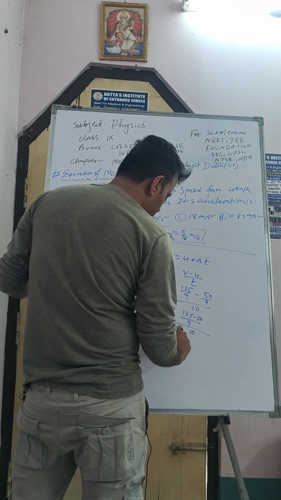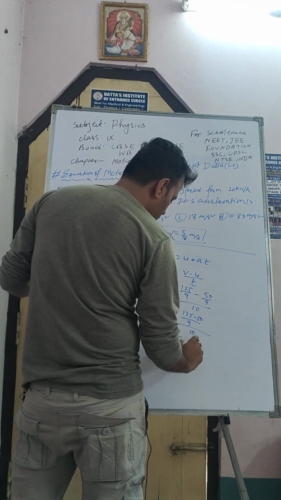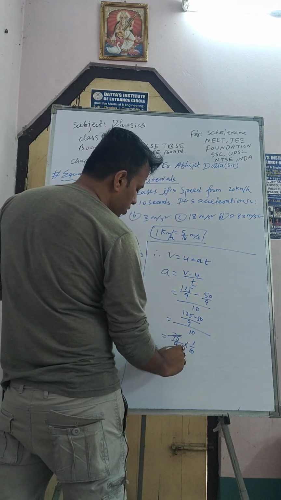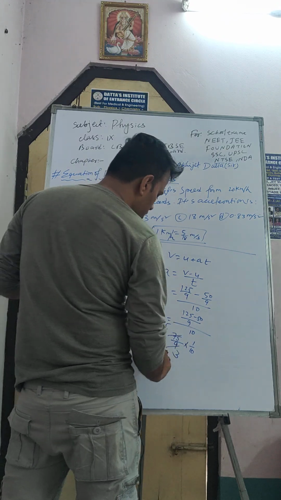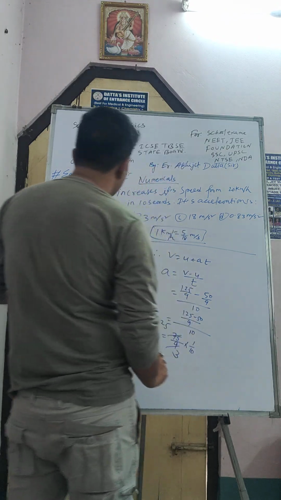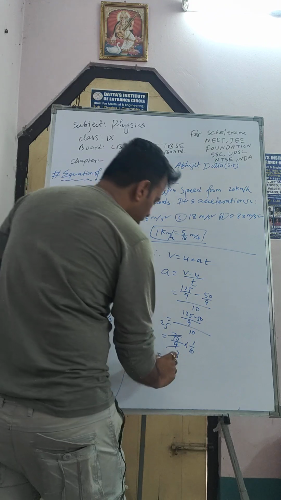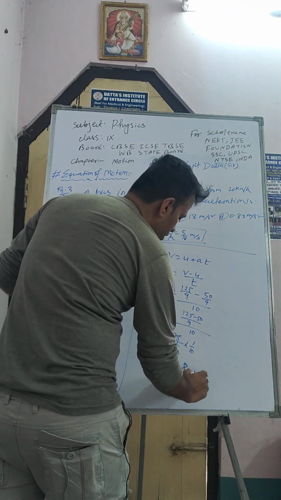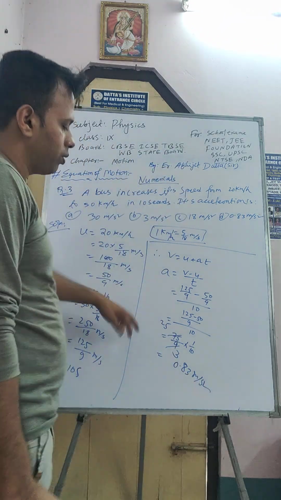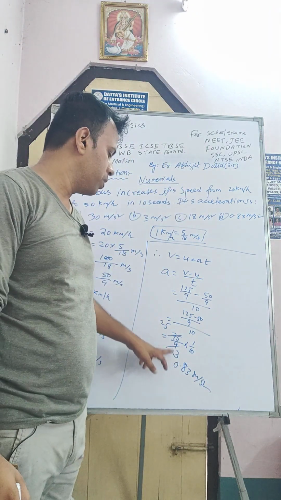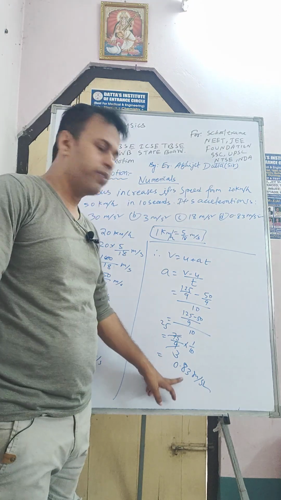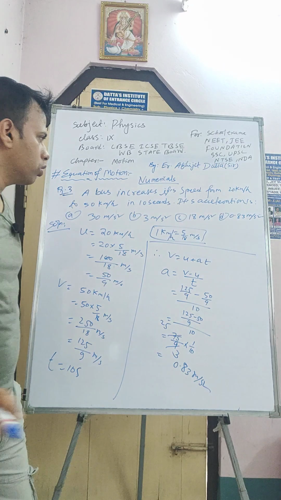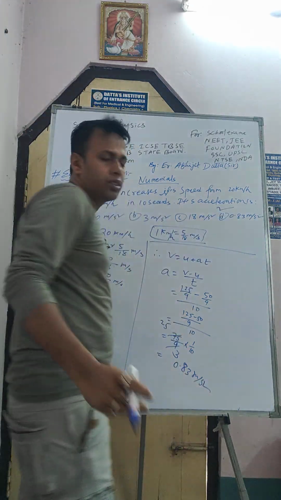So 125 minus 50 will be 75 by 9 into 1 by 10. If we cut by 3, it will be 25 by 3 into 10. So the answer will be 0.83 meter per second square. If you divide 25 by 3, it will come 8 point something, and again if you divide by 10, it will be 0.83 meter per second square. So which option is correct? Option D is the correct answer.